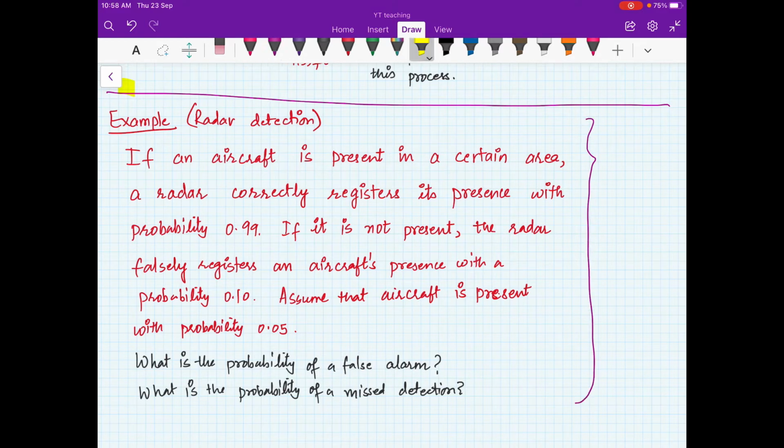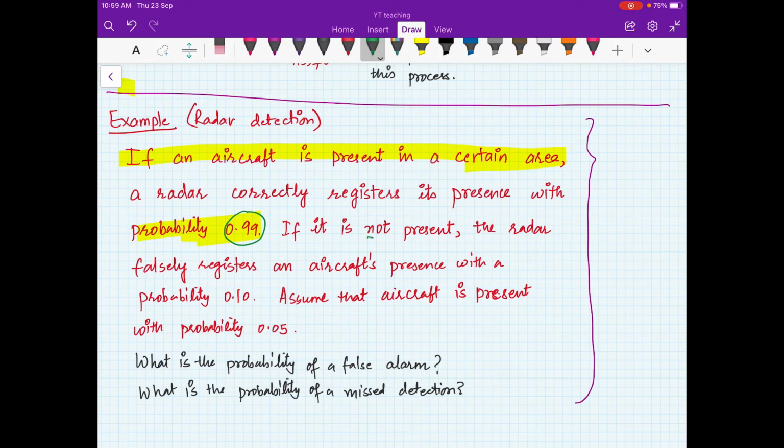If an aircraft is present in a certain area, a radar correctly registers its presence with a probability of 0.99. So if an aircraft is already present in a place, the radar will detect its presence with a probability of 0.99.